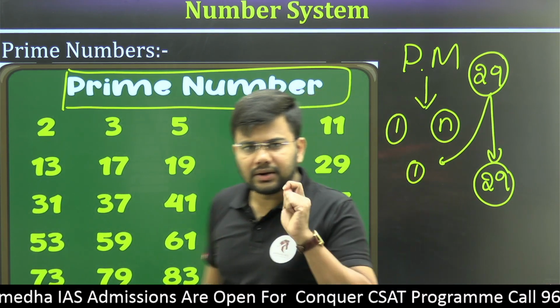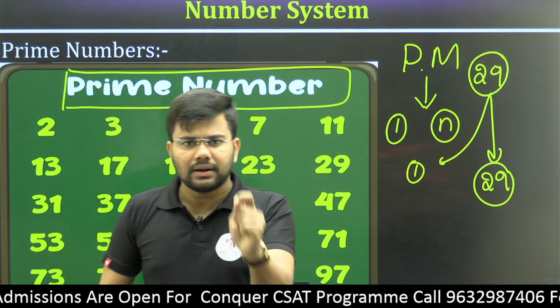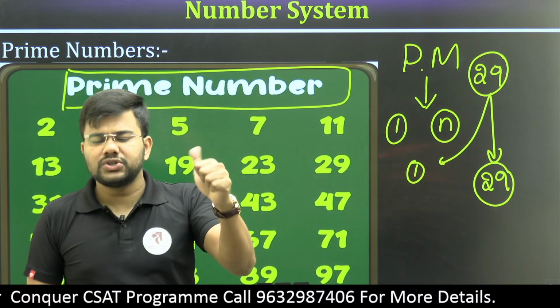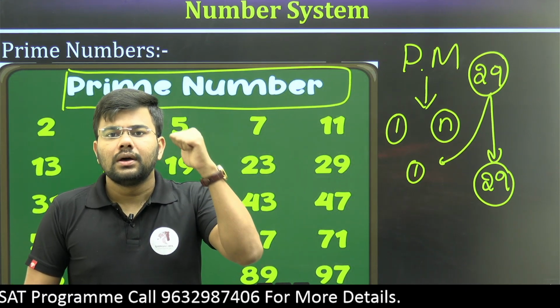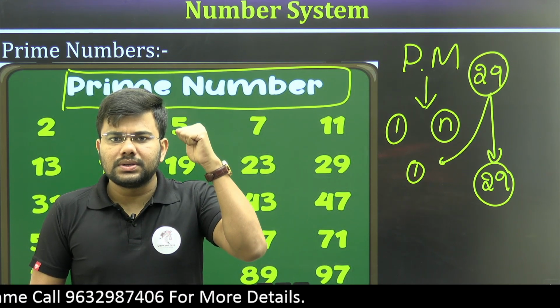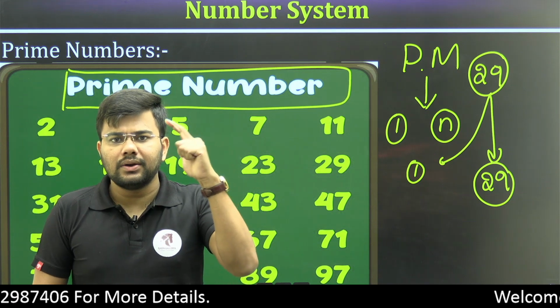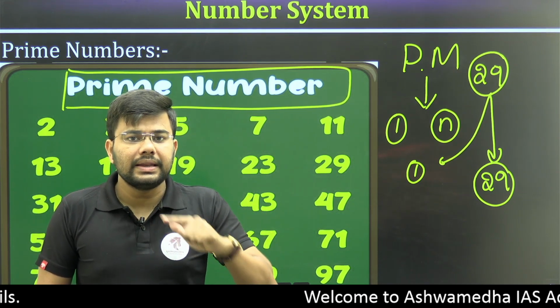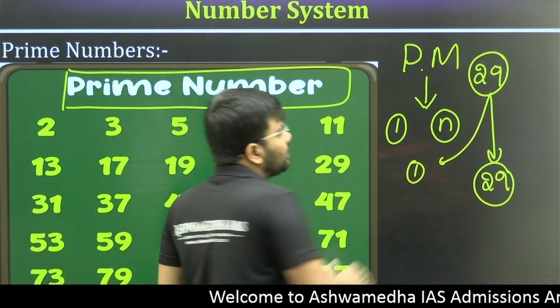Except 29 and 1, it should not be divisible by any other number. Then those numbers are known as prime numbers. Prime number definition, everybody knows, but the basics: a number which is divisible by the same number and 1 is known as a prime number. It should not be divisible by any other number.